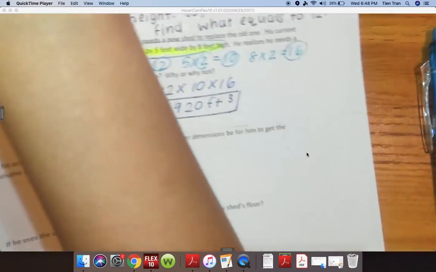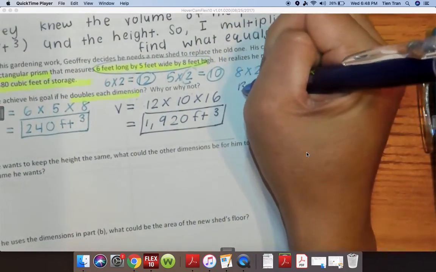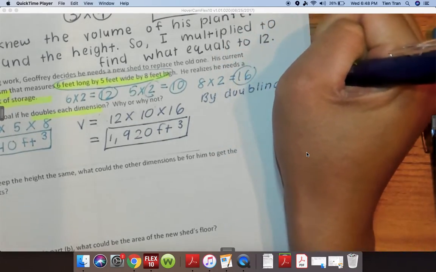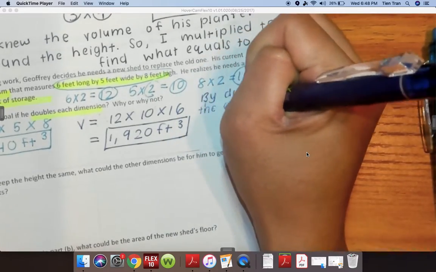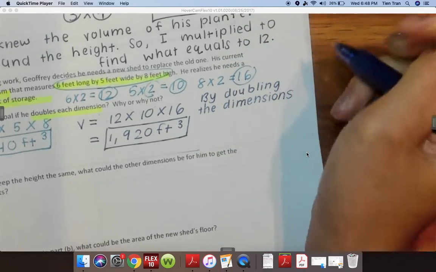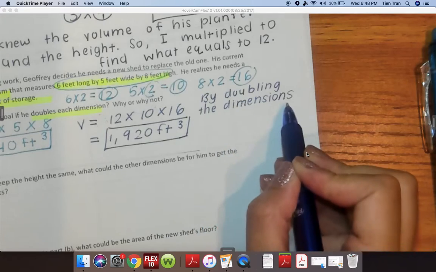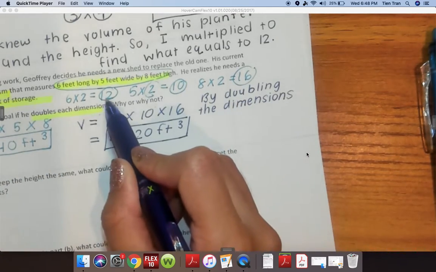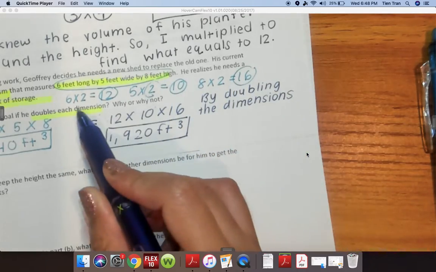So I'm going to write down by doubling the dimensions. So remember, this is important. It says dimensions, not the volume. So dimensions meaning 12, 10, 16.